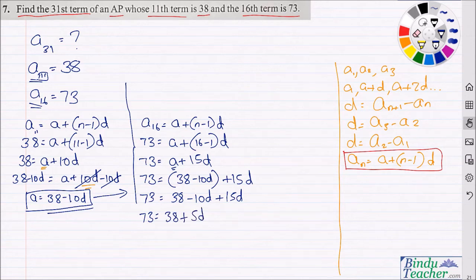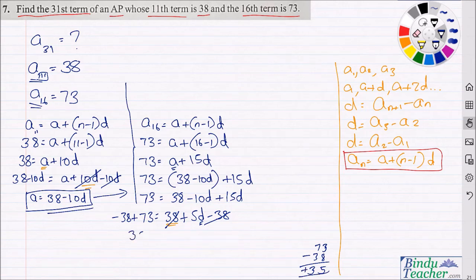We want to find the value of d here, so we want to remove 38. I will add a minus 38 here, and that minus 38 will be added on the other side of the equation also. So now the equation is balanced. Plus 38 minus 38 cancel out each other. We have 73 minus 38, which is 35.